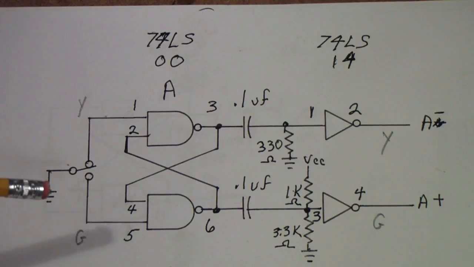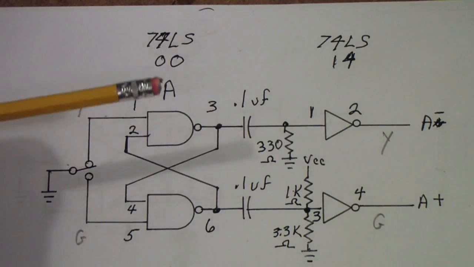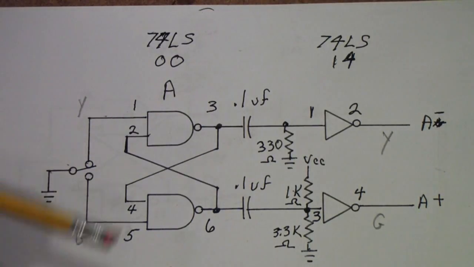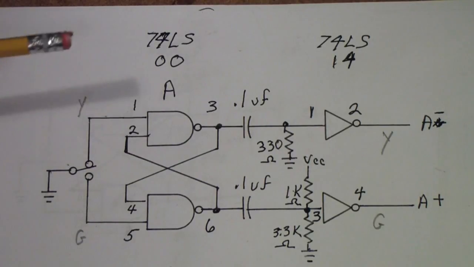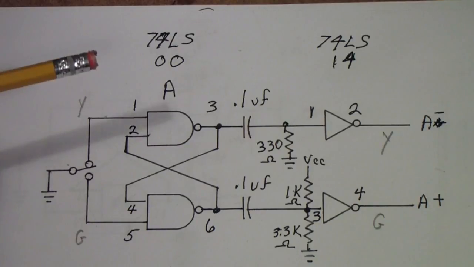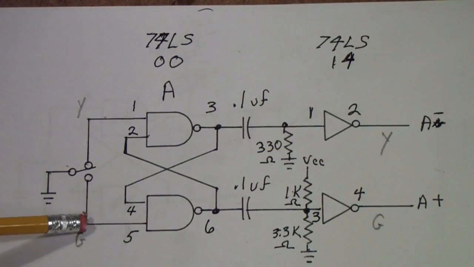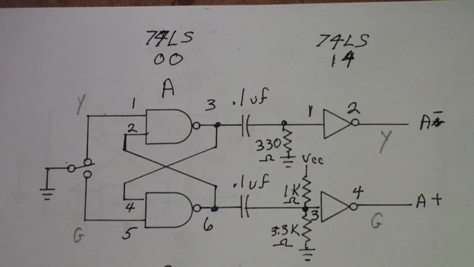And as it bounces, it's like the switch was bouncing back and forth from this side to this side to this side, and then it finally settles down in this position. But while it's doing that, if you had a logic circuit tied to these points, it would see all those bounces. And we may look at that at some point a little bit later.